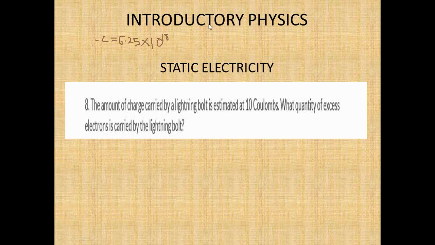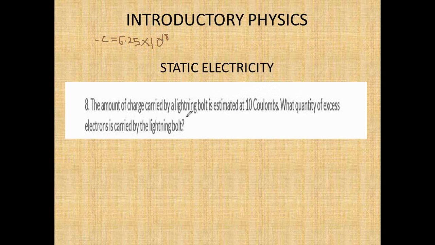So a lightning bolt is an excess of electrons. If the lightning bolt is estimated at 10 coulombs, then what's the quantity of excess electrons? Again, 1 coulomb contains this amount of electrons.